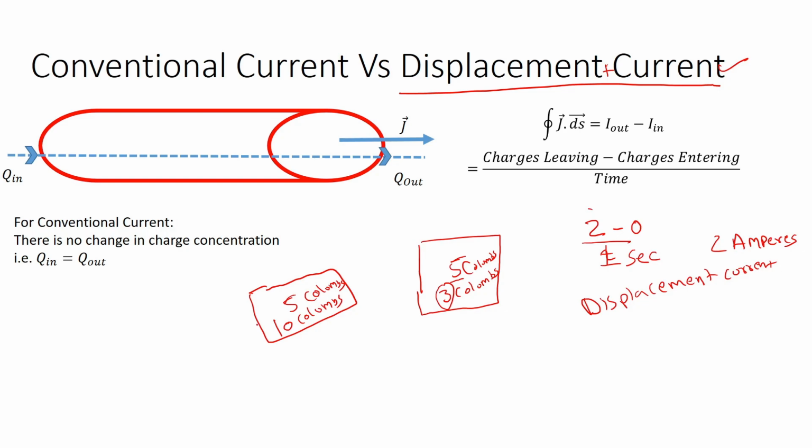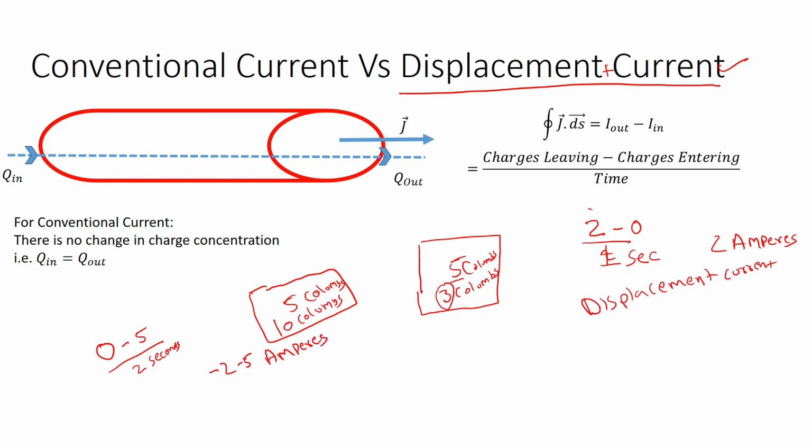So what is the current leaving this body? The current leaving this body is 0 because no charges have left, but 5 charges have come in within 2 seconds. That means the current leaving this body is minus 2.5 amperes.